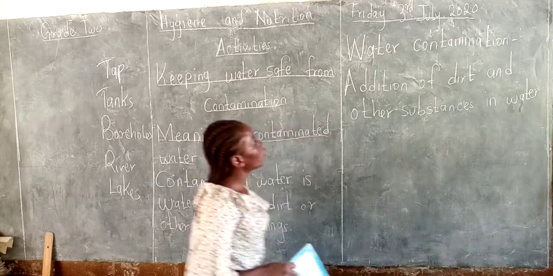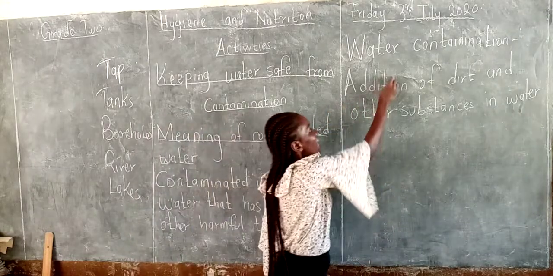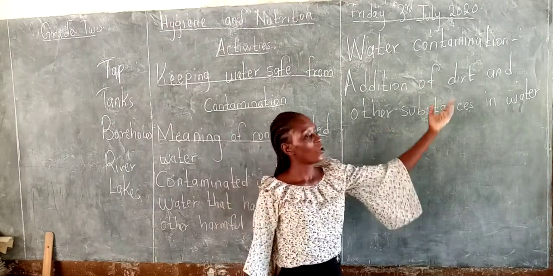So what is water contamination? It is the addition of dirt and other substances in water.